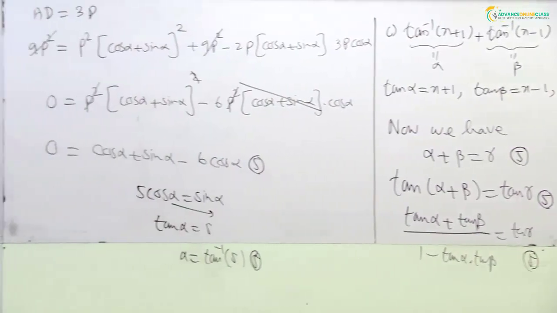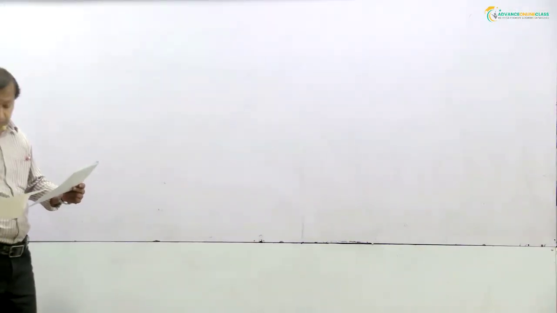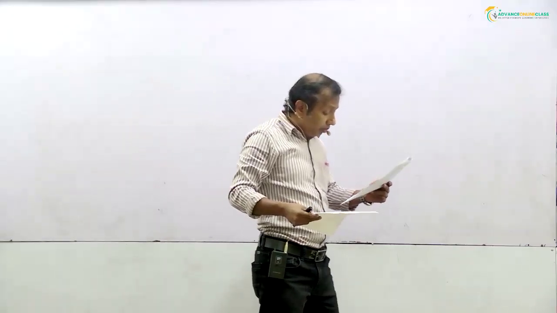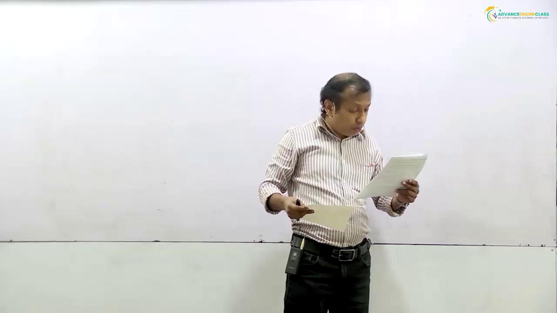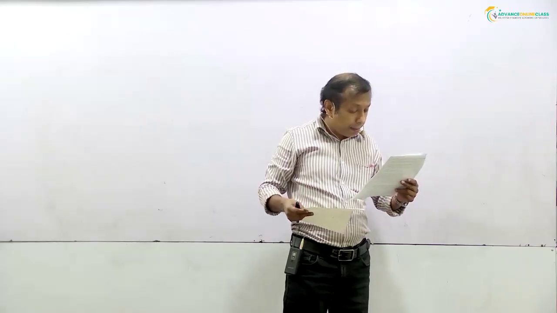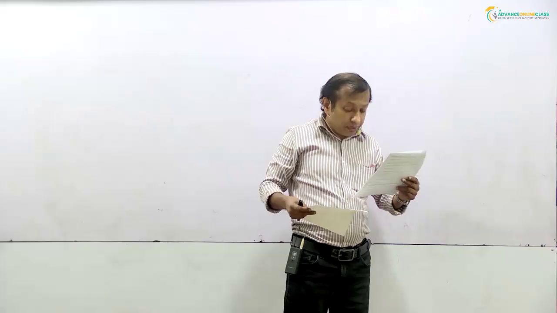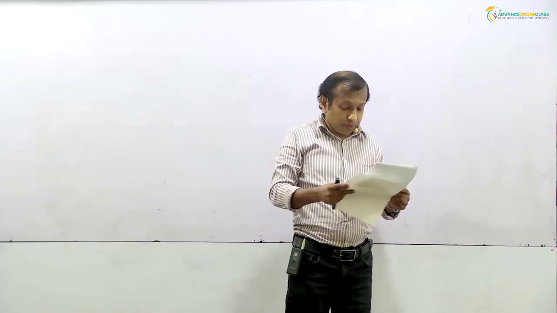Yes, it says 3 boats P, Q, R. Read the question carefully. 3 boats P, Q, R are moving in straight line paths with uniform speeds. At a certain instant, the boat Q is located 450 meters east of the boat P, and the boat R is located 200 root 3 meters north of the boat Q. This way.